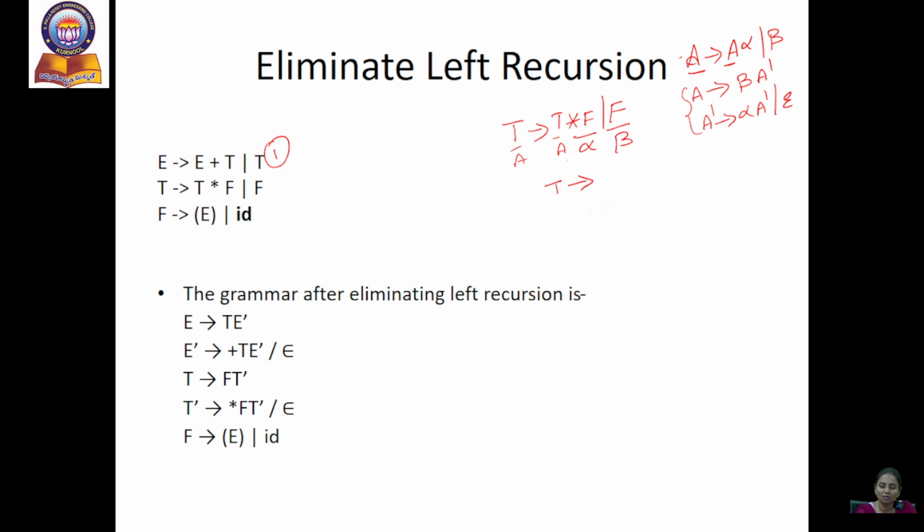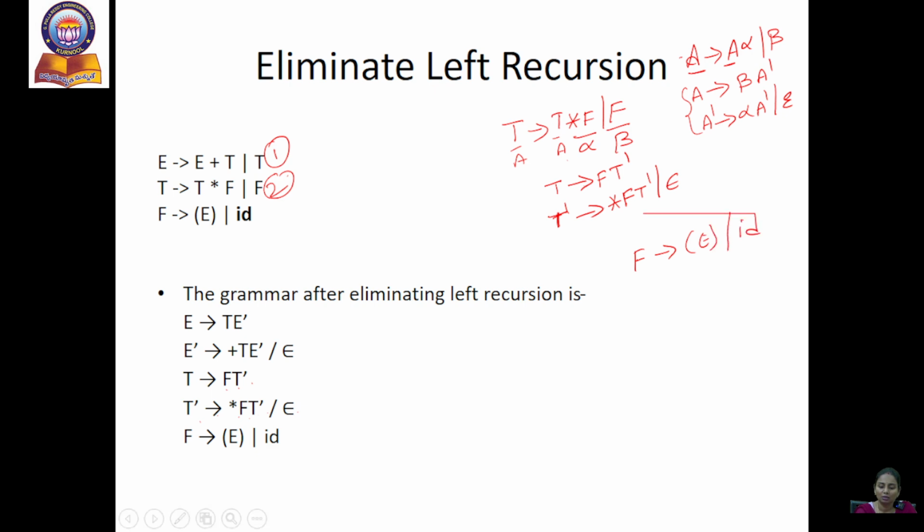Beta is nothing but F, so T derives F T dash, and T dash derives alpha T dash or epsilon. Alpha here is into F, so T dash derives into F T dash or epsilon.